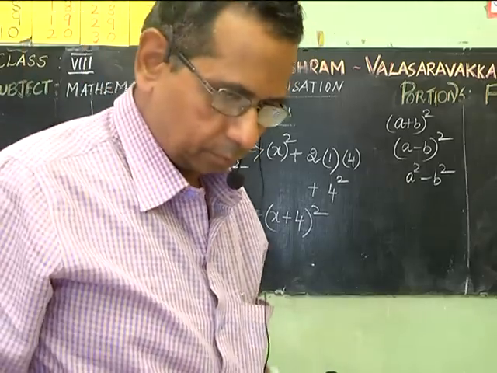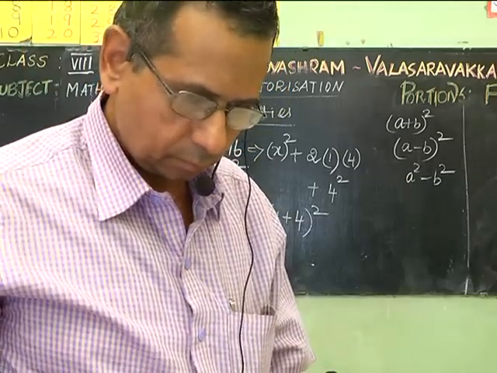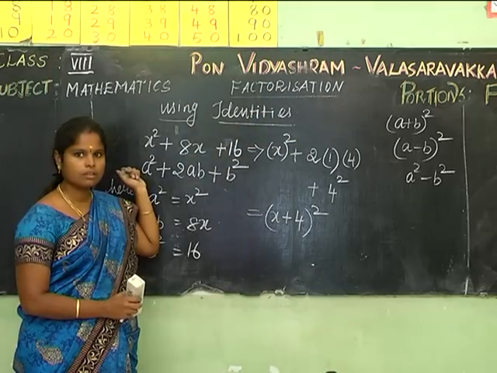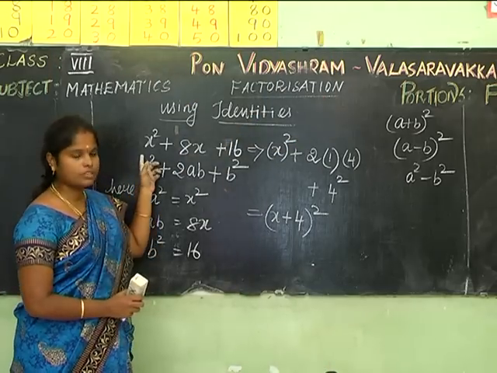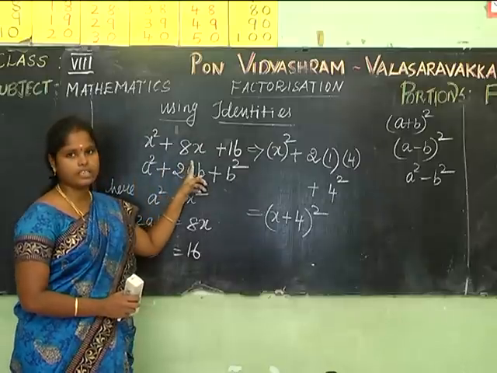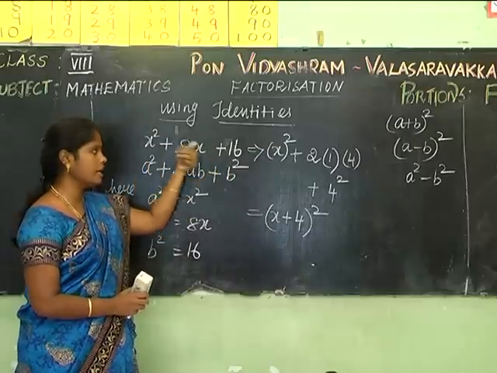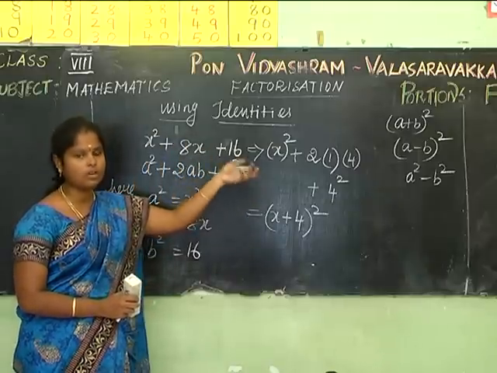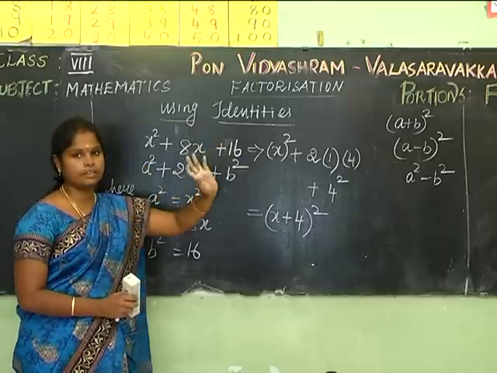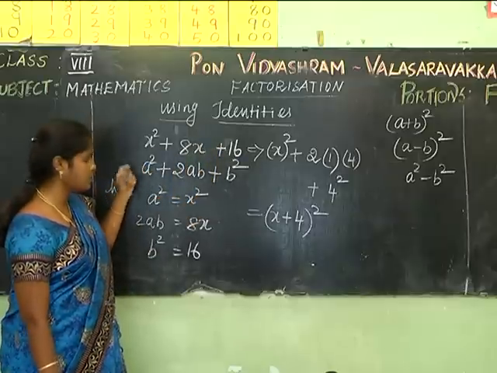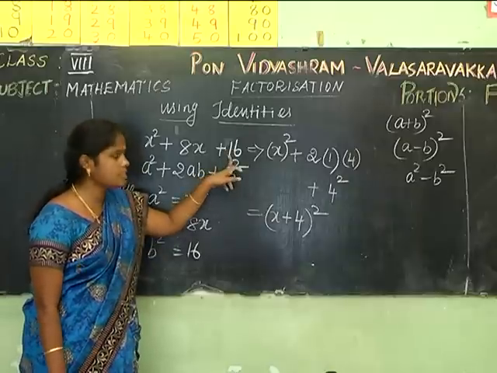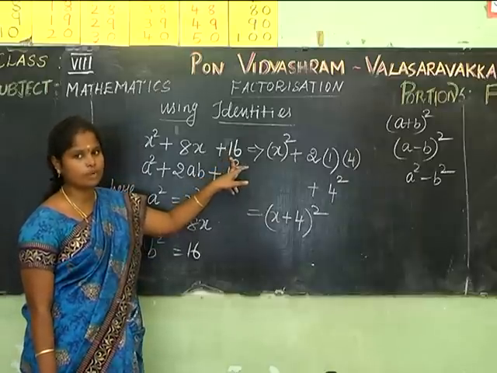So listen, this is the given question: x square plus 8x plus 16. Check the first and last number. They should be perfect square numbers to factorize this by using identities. The first number is x square, a perfect square number, and the last number is 16. This is also a perfect square number.